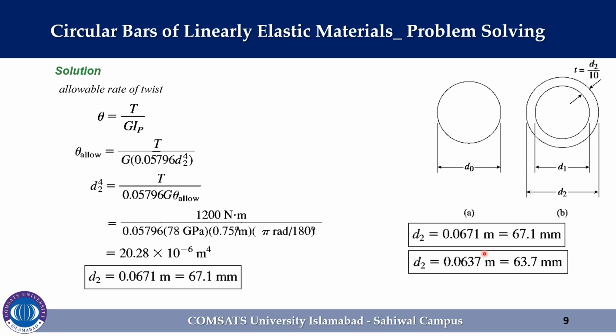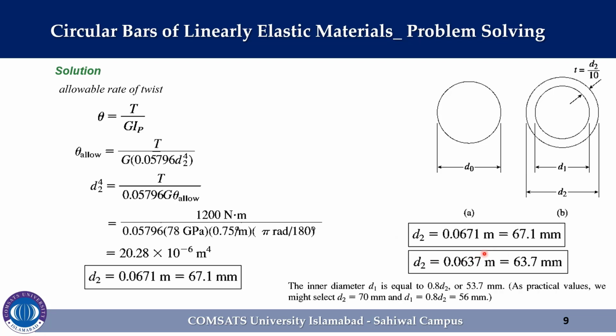The inner diameter, that is actually 0.8 d2, or 53.7 mm after putting the value of d2. As practical values, we might select d2 as 70 millimeter, and d1, that is actually 0.8 d2 or 53.7, we can select d1 as 56 mm.